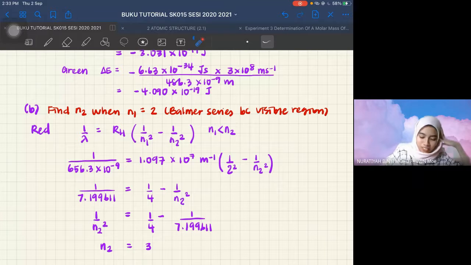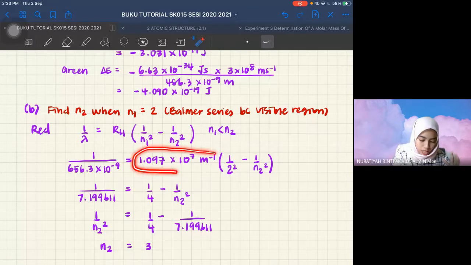Okay. So N2 is what we want to find. Okay, so ini adalah maths lah. Awak kena pandai pindah-pindah. Okay. So daripada sini, what I did first is saya bawa yang ini, saya punya Rydberg constant, bawa turun bawah. So kali dengan ini, awak punya lambda. Okay. So dapat ni. So and then saya tolak yang ni pula.